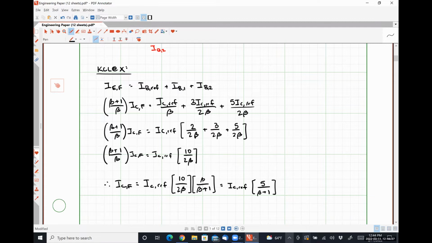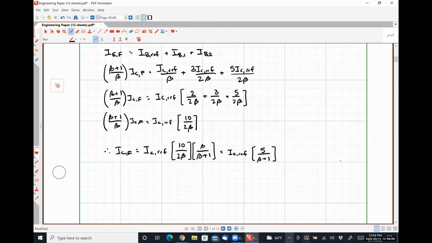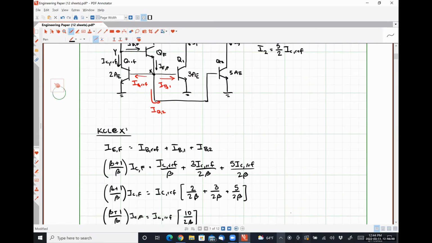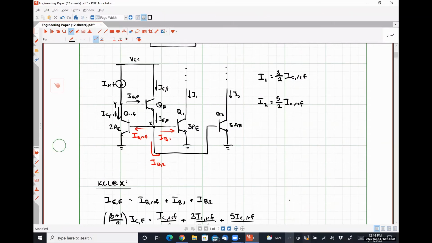If we apply KCL at node Y, running out of room here. Let's look at what's going on. This equation is going to be a little bit more brief, right? So we have a current of I ref flowing in, and then we have IC ref flowing out and IBF flowing out, which we can obviously now relate to the quantity ICF.